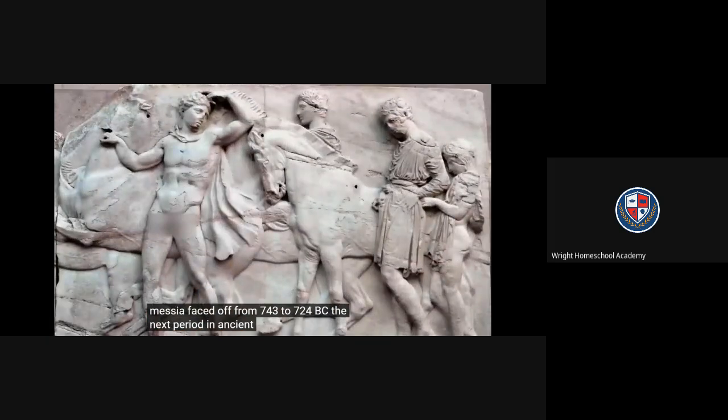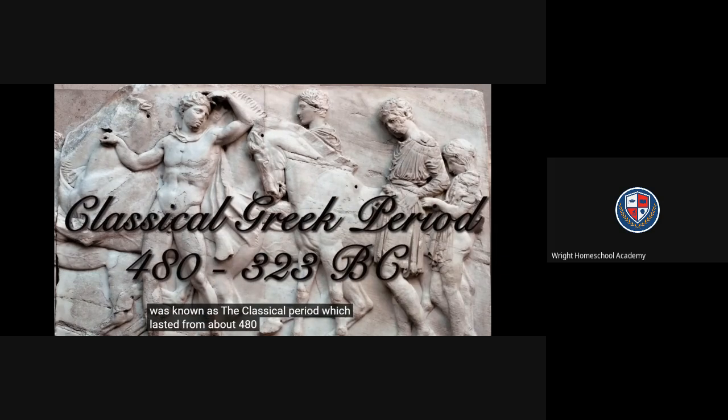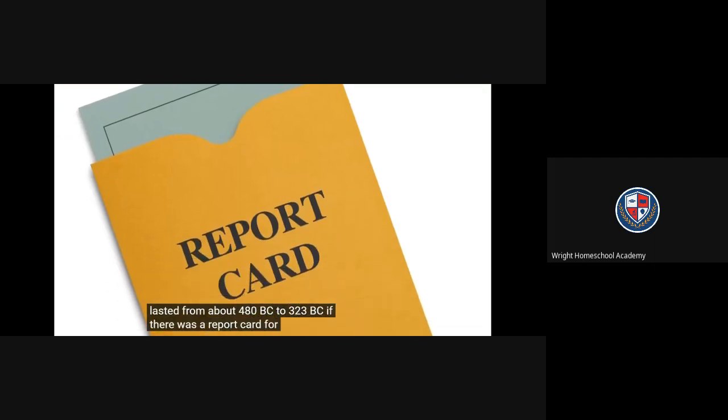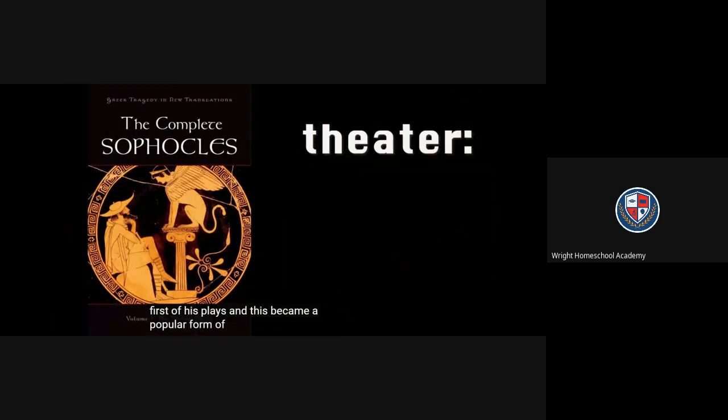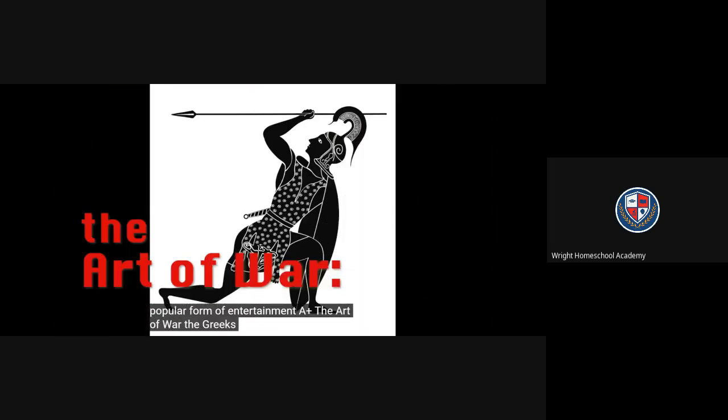The next period in ancient Greek history was when they really hit their stride. This was known as the Classical period, which lasted from about 480 BC to 323 BC. If there was a report card for the ancient Greeks during the Classical period, it might read, Theater. Sophocles wrote the first of his plays, and this became a popular form of entertainment. A+. The art of war. The Greeks proved that they had perfected their military might when they fought the Persians and won.